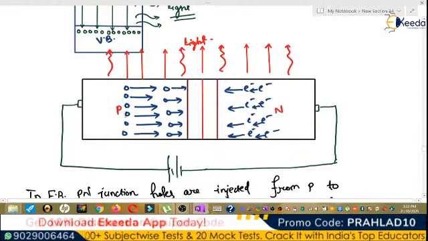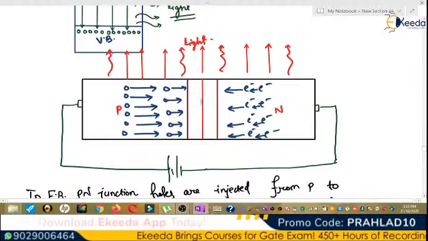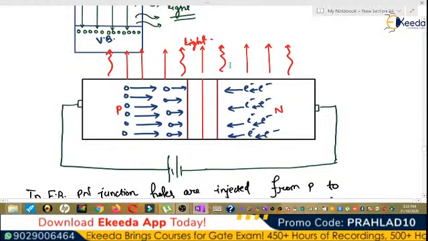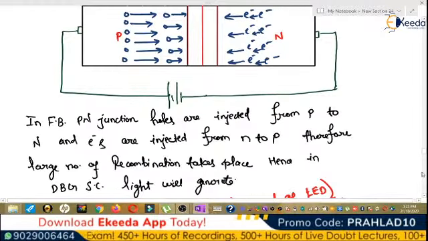So when we forward bias the PN junction, a large number of holes enter into N region, and a large number of electrons enter into P region, and a large number of recombinations take place. And when there is a large number of recombinations, then light is emitted from the junction, and this is called as light emitting diode.